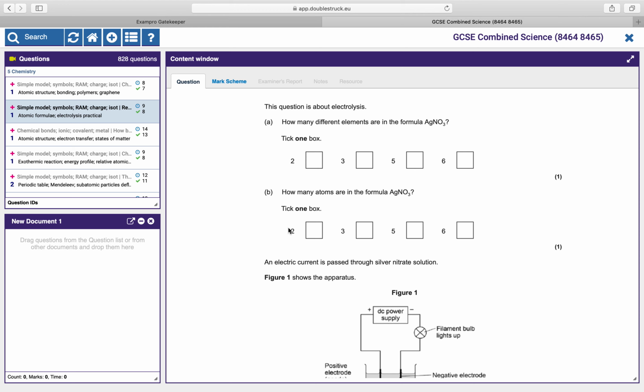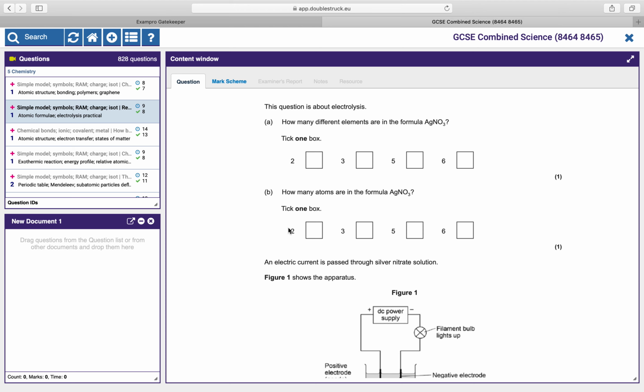It's the beginning, but those are very easy marks to get, and very easy marks to lose as well. Is it asking for elements or atoms? What's the difference between an element and an atom? An element is one type of atom. You've got these atoms, and they're all different. What's different is the number of protons, and then the number of electrons also happens to change.